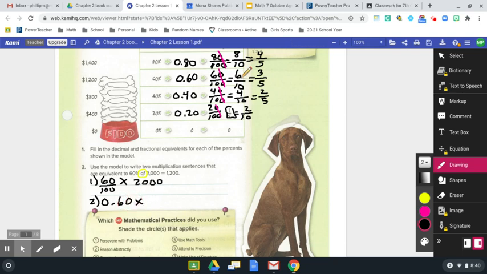We're still using 60% of 2,000 times 2,000. Both of those models are ways that you can find 60% of 2,000 using the fraction or using the decimal. So we're going to explore this a little bit more on this next page.